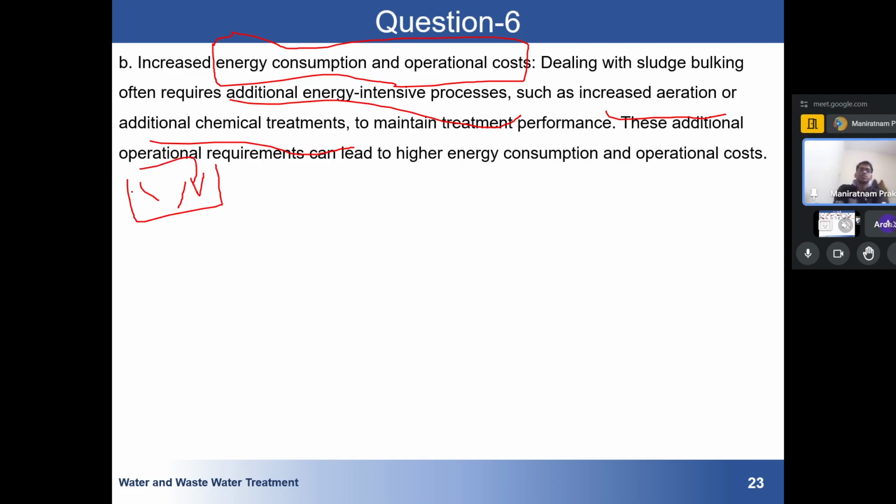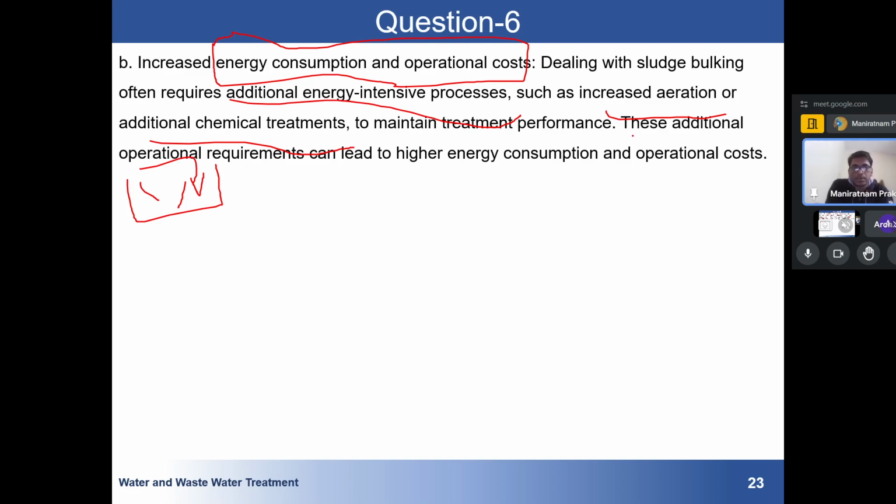The chemical will react with it; I don't know exactly how, but somehow it will remove that filamentous growth. This additional operation can lead to high energy consumption and operational cost.